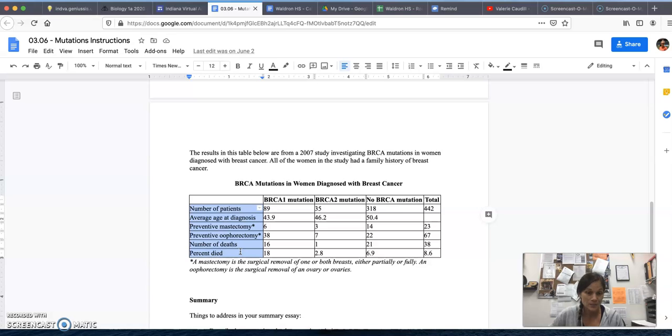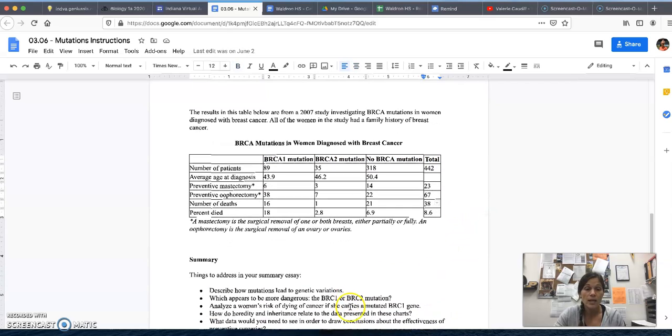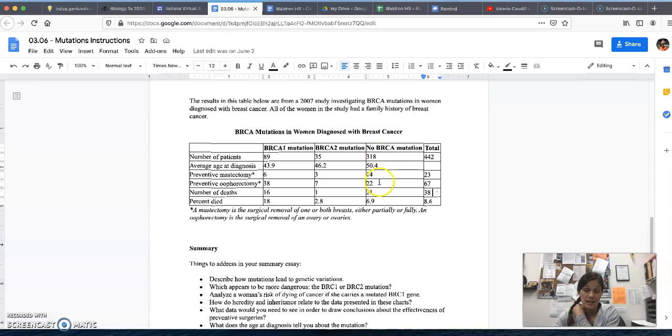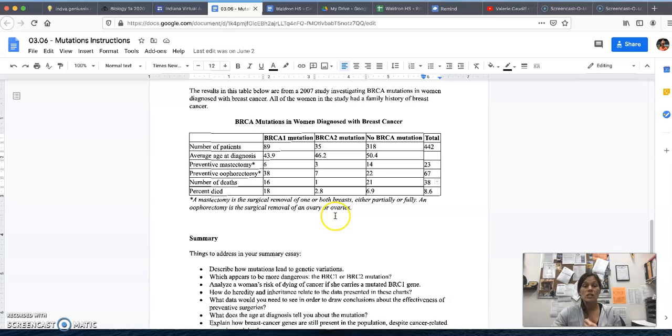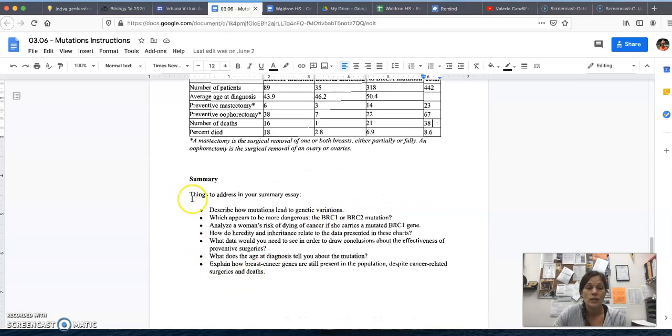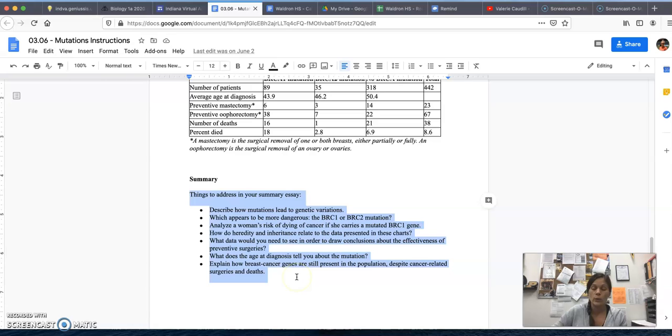An oophorectomy is the surgical removal of an ovary or ovaries. That's what's next, preventative oophorectomy. Then number of deaths, and the percent that died. Along the top, we have the BRCA1, BRCA2 mutation, no BRCA mutation, and then the total numbers there. Once you look at this data, think about this chart, examine the information here, and then you're going to answer these 7 bullet points here.